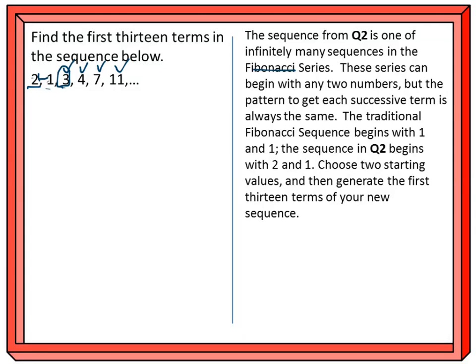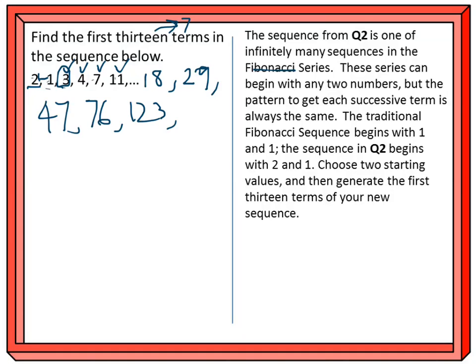So let's see, there's 1, 2, 3, 4, 5, 6 of these terms. We need 7 more of them to make the 13. So 7 and 11 gives me 18. 11 and 18 gives me 29. 29 and 18 give me 47. 29 and 47 gives me 76. 76 and 47, 123.